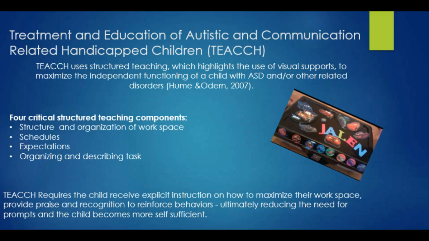It requires that a child receive explicit instruction on how to maximize their workspace. All 4 of those components play into that. They provide praise and recognition to reinforce the behaviors. Ultimately, this will reduce the need for prompts, and the child becomes a lot more self-sufficient.